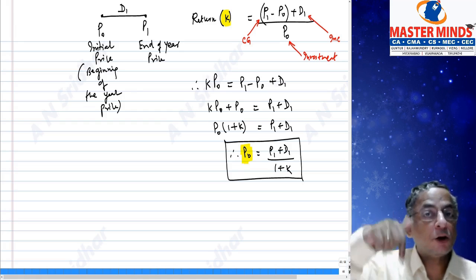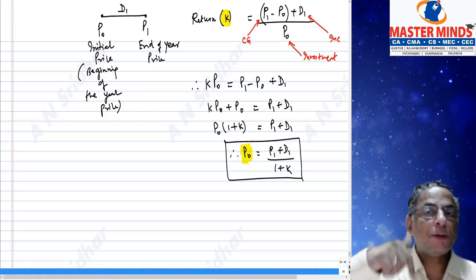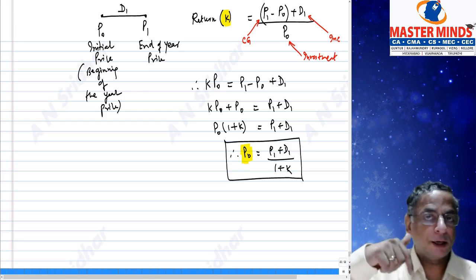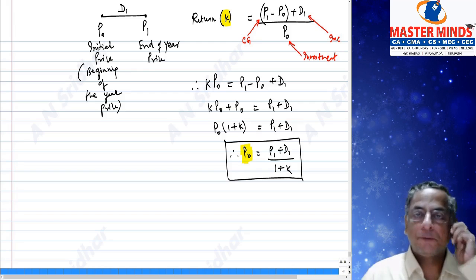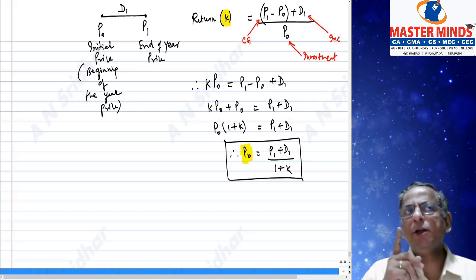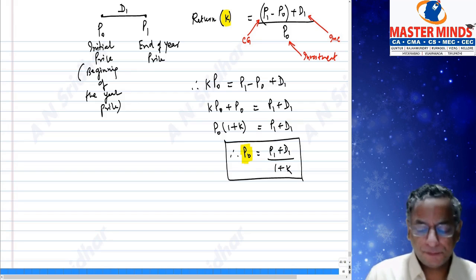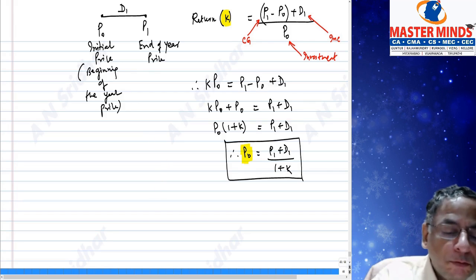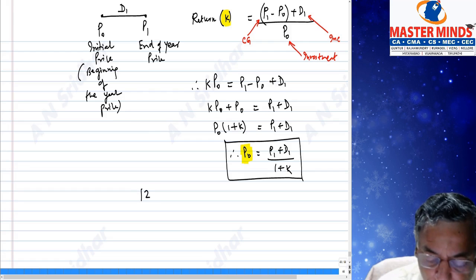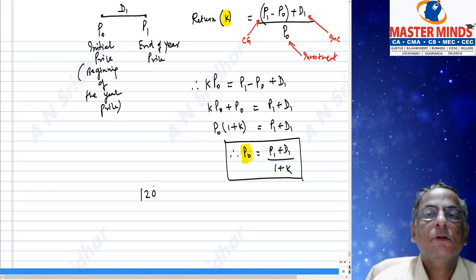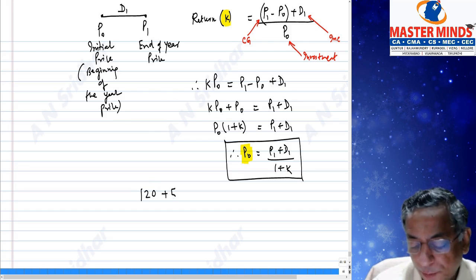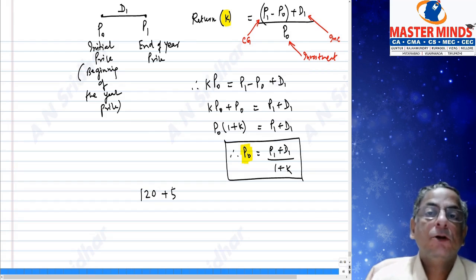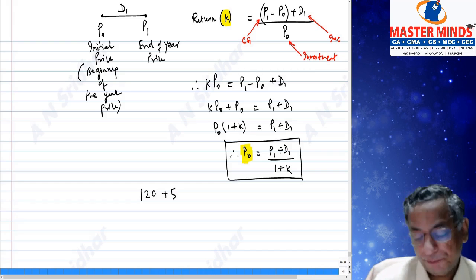P0 means price today. So I want to pay for that share today. So I want to find P0. How much I should pay? I think how many rupees it will give next year? It will give 120 rupees. How much dividend it will give? It will give 5 rupees. How much return I want per annum?